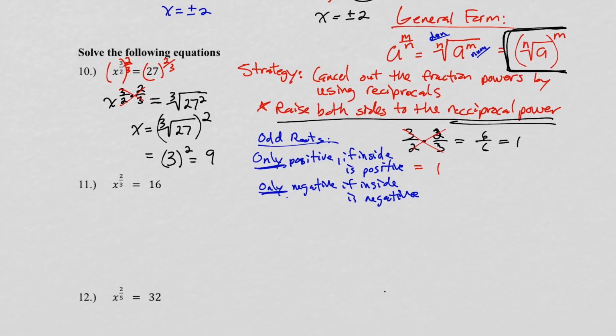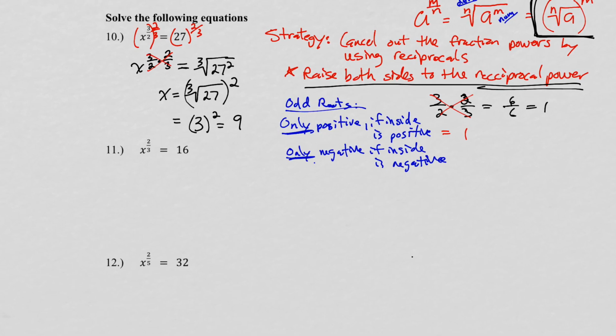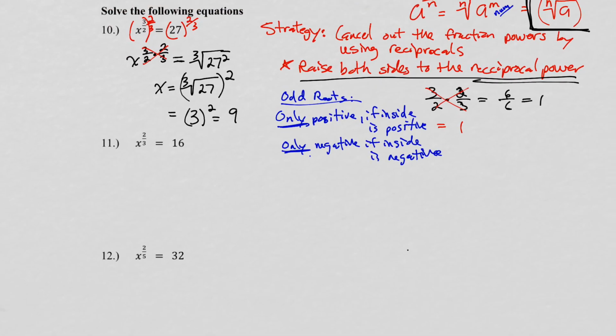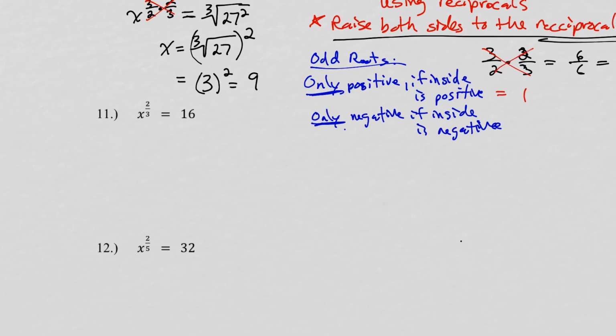So let's take a look at another example, a couple more examples here. We're going to go ahead and raise this. We're going to flip this. So that cancels out. We get x.